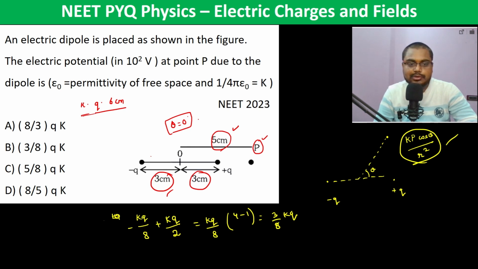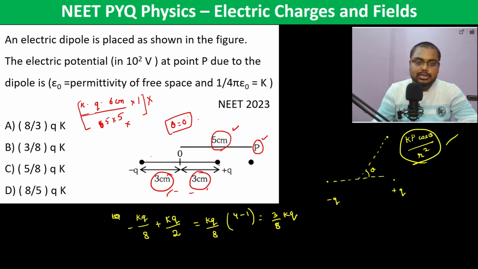If we use the other formula, it's kq into 6 centimeter and cos theta is 1, divided by r square, that is 5 into 5. And this formula is not working, because the distances are comparable. We cannot use this formula.